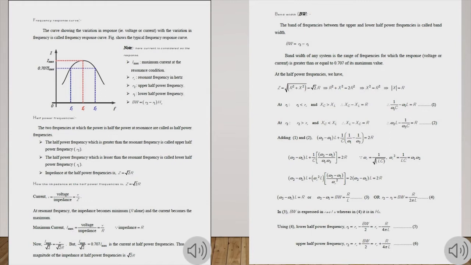The half power frequency which is greater than the resonant frequency is called the upper half power frequency, F2. The half power frequency which is lesser than the resonant frequency is called the lower half power frequency, F1. Impedance at the half power frequency is Z equal to root 2 R.